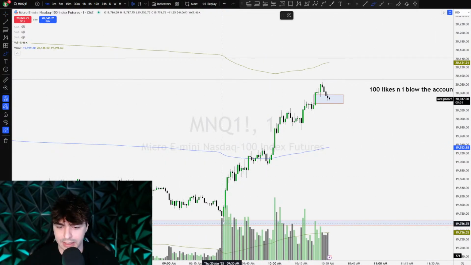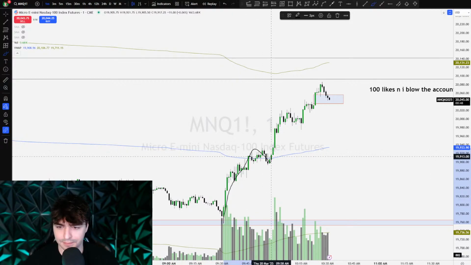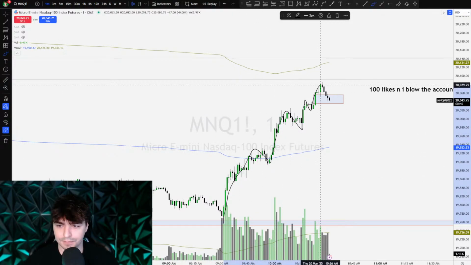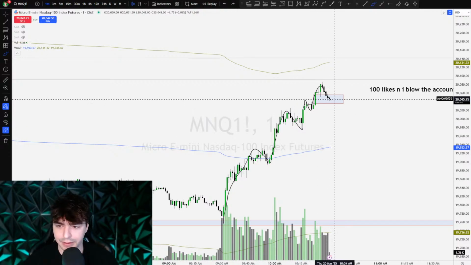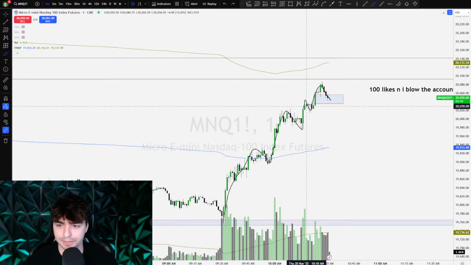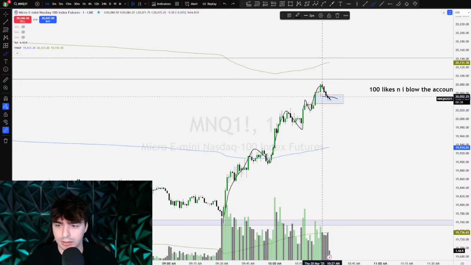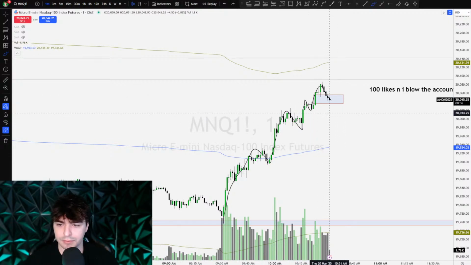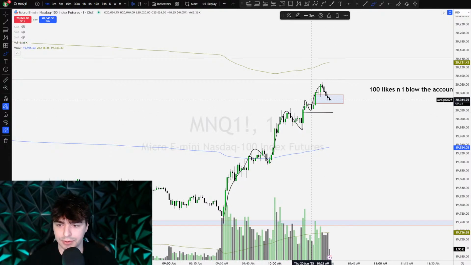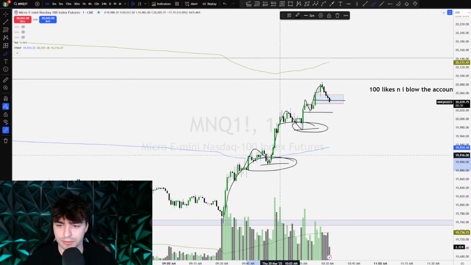So just on a price action basis, you can see we're starting to have deeper pullbacks. This pullback here is closer to these lows than these lows are to these lows, right?